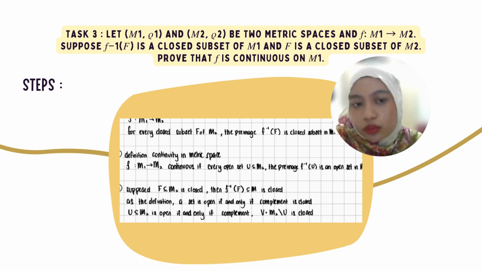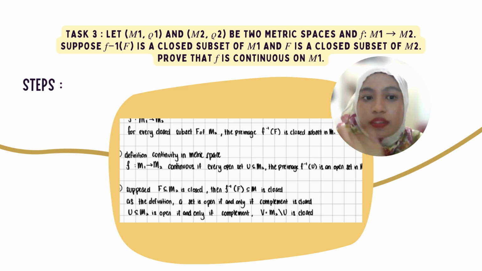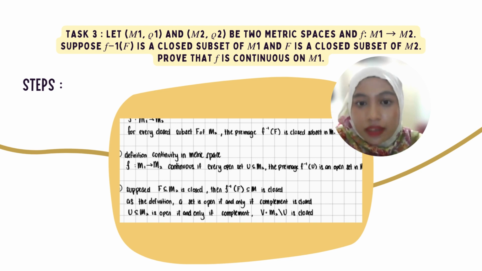So how do we want to prove it? By 3 steps. The first one is we need to define continuity in a metric space. We already said that f from M1 to M2 is continuous if for every open subset U of M2, the pre-image f^-1(U) is an open set in M1.